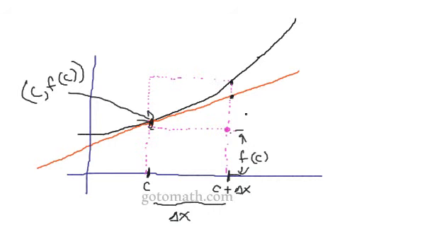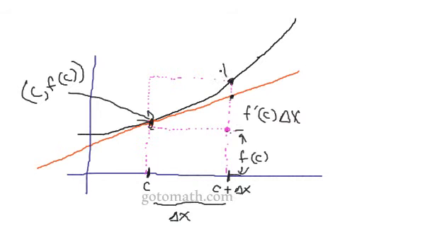Well, believe it or not, this is going to be f prime of C times delta x. That will be this distance. This point, which I haven't stated what that point is, is going to be C plus delta x.